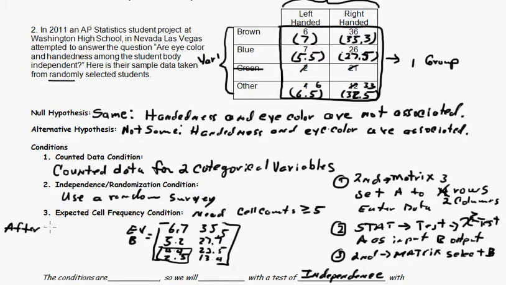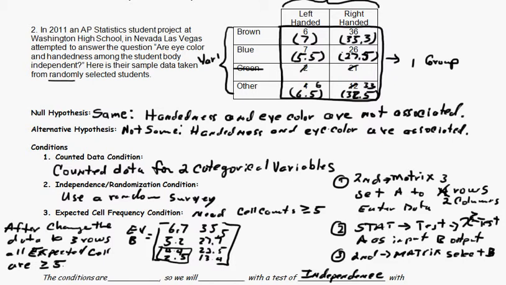Okay, so now after changing the data to 3 rows, all expected cell counts are greater than or equal to 5.